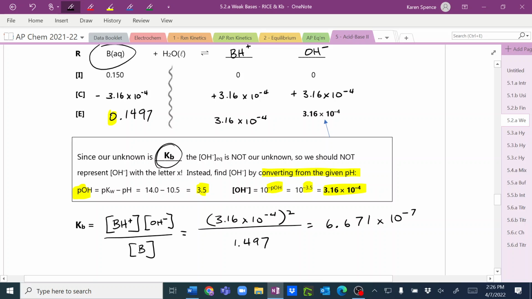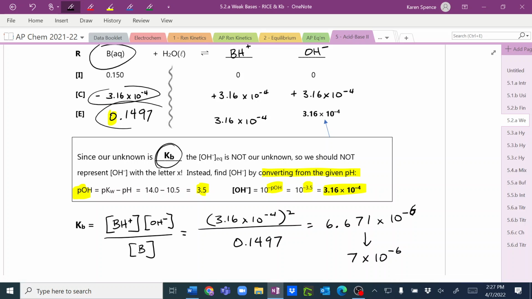So this will be 0.1497, which means that should be times 10 to the negative 6. Better? Good. And then to 1 sig fig, that would be 7 times 10 to the negative 6, which means I probably could have ignored the difference there because I've only got 1 sig fig in the end anyway, but close enough.